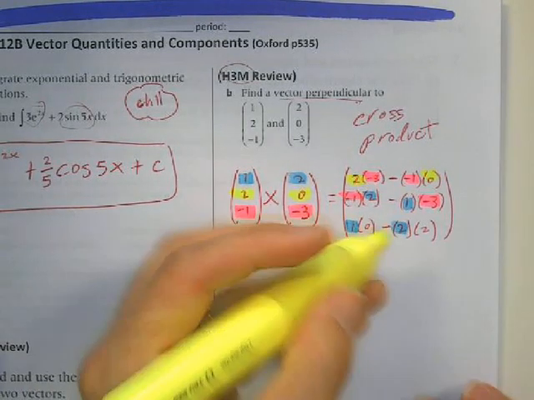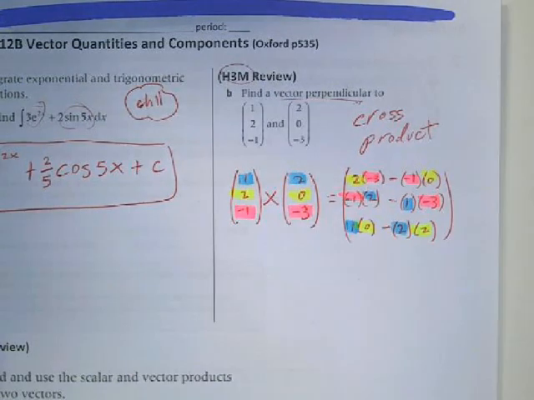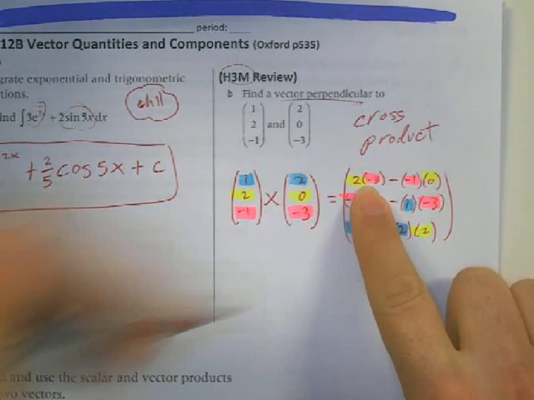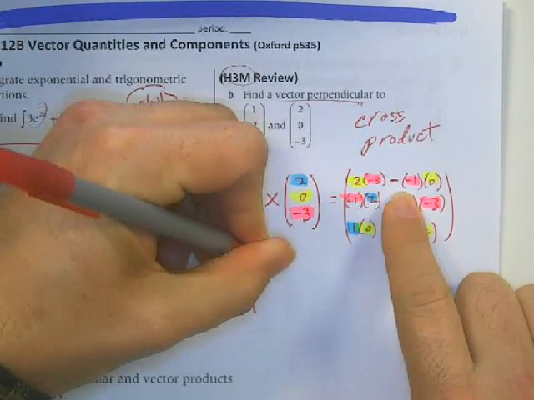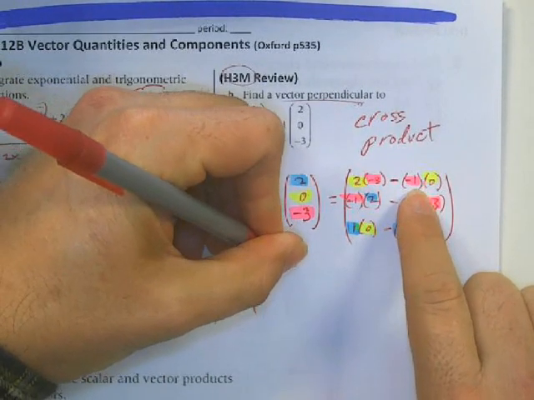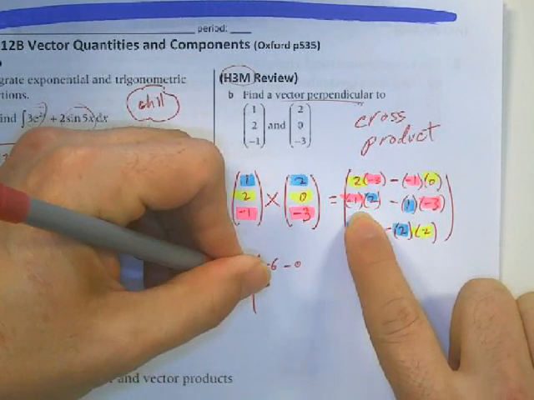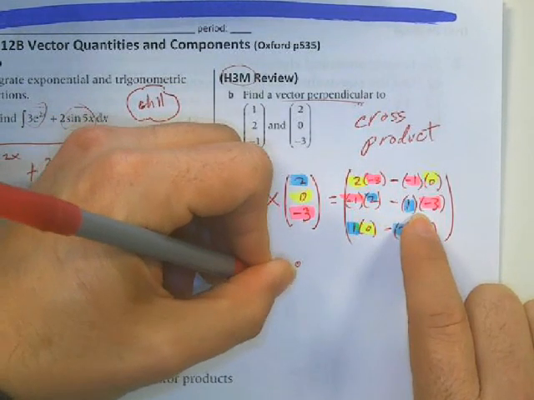Okay, so let's simplify this thing that we just put together. This top row is going to be -6 minus 0. This next one's going to be -2 plus 3, because minus negative.